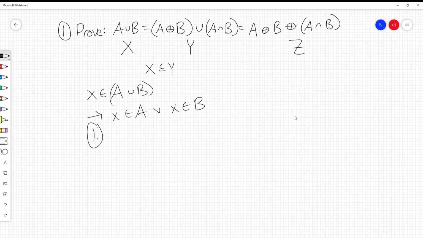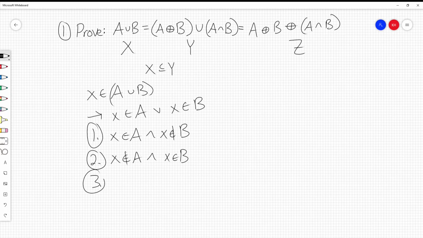One, X is an element of A, and X is not an element of B. This is perfectly fine. Two, X is not an element of A, and X is an element of B. And then finally we have, of course, both of them: X is an element of A, and X is an element of B.